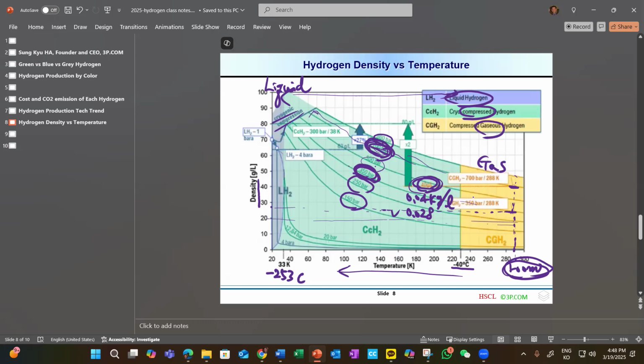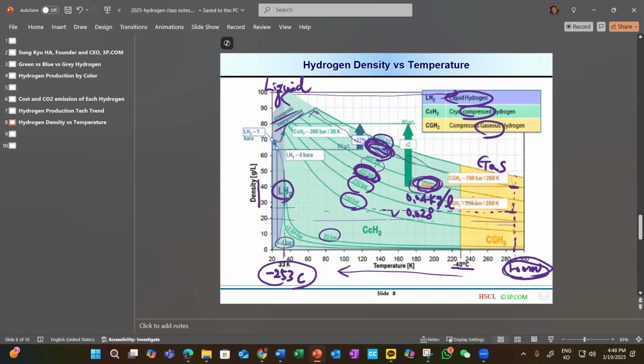Low pressure, like 20 bar or 4 bar, is very close to atmospheric pressure. But here the very cold temperature is minus 253 C. Then the gas will become a liquid.